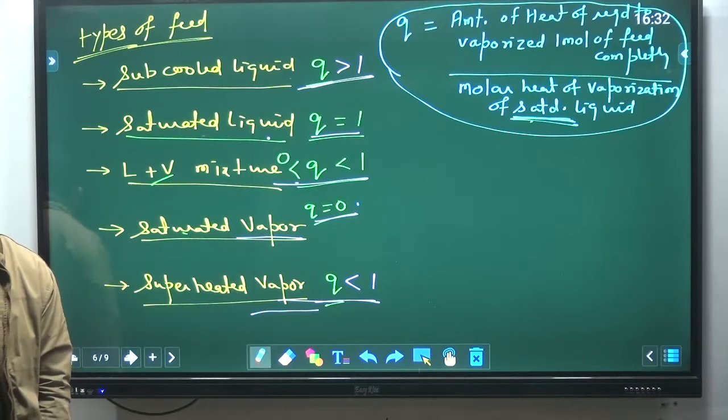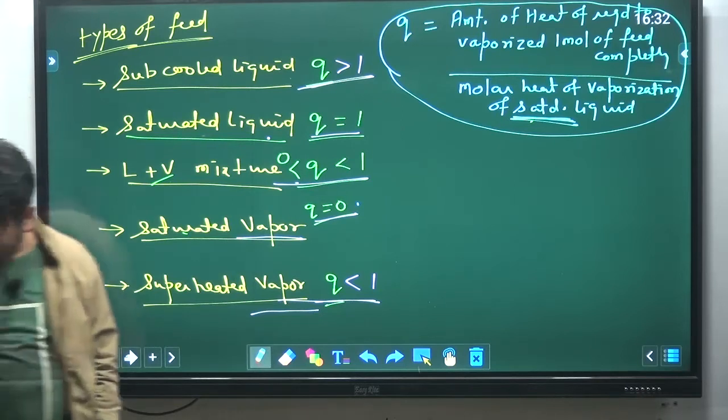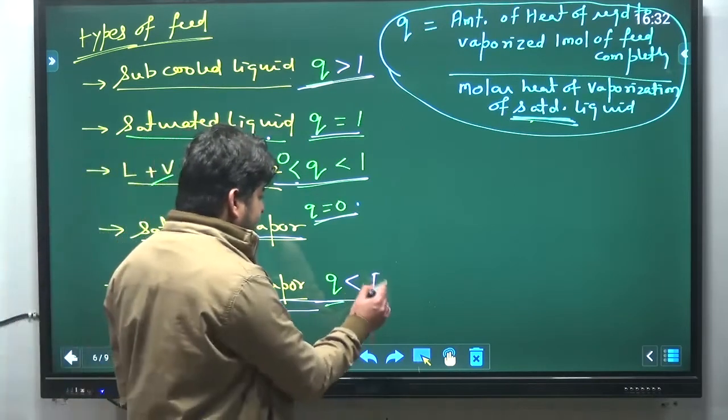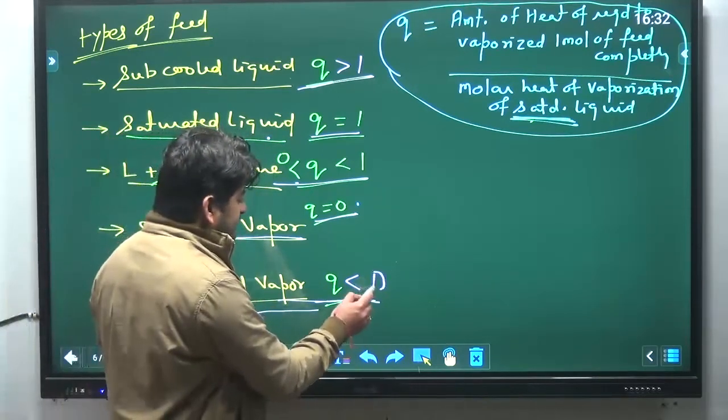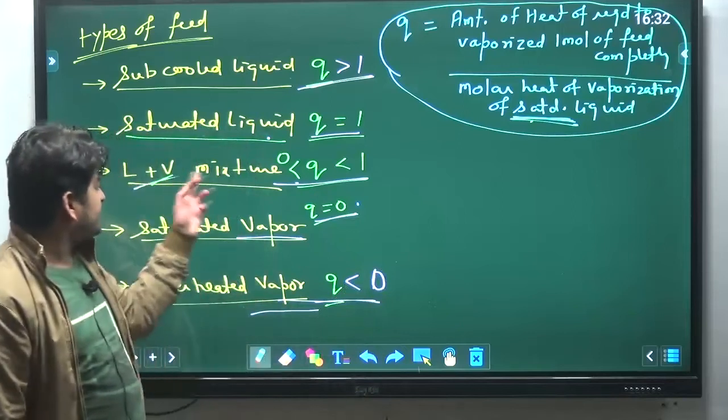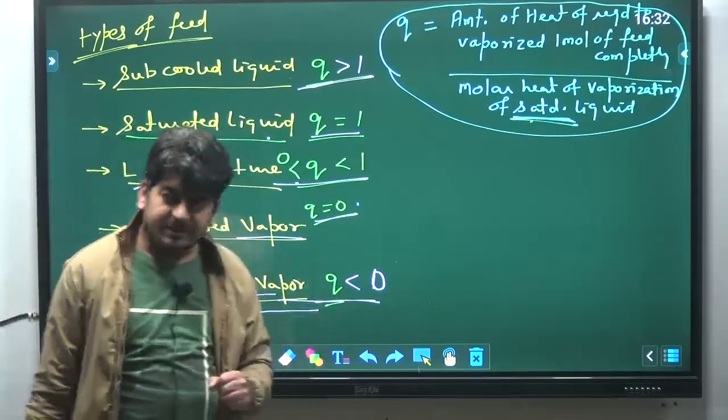What do you think, guys? Correct. It should be less than 0, otherwise there will not be any difference between partially vaporized and superheated.